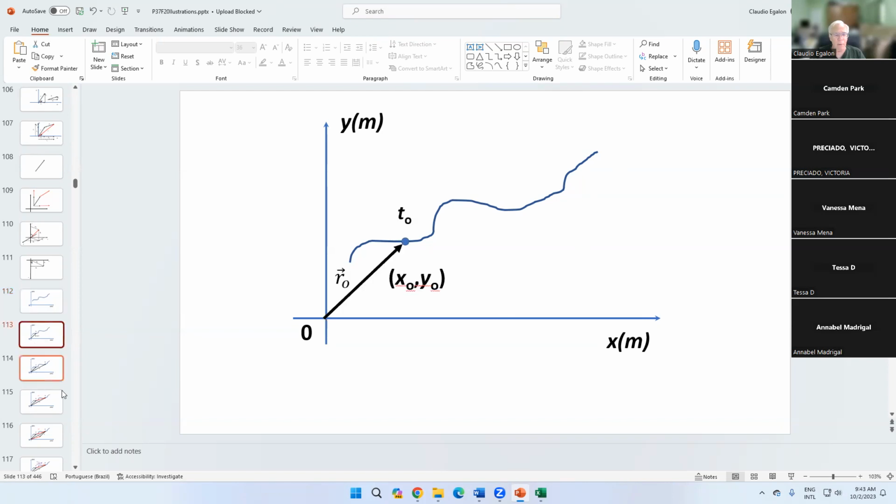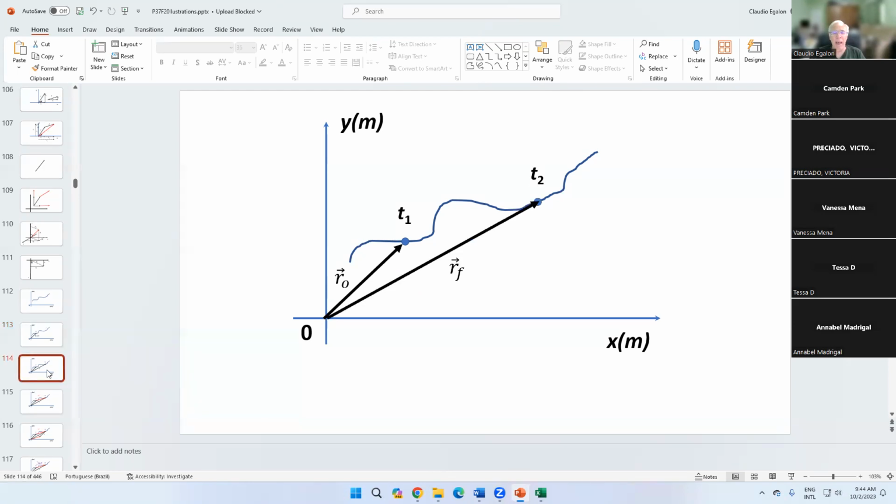Initially, let's say this particle is at this initial position. See that? The initial position vector, which I'm denoting as x naught, y naught. Here's the x component of the position, and here's the y component of the initial position.